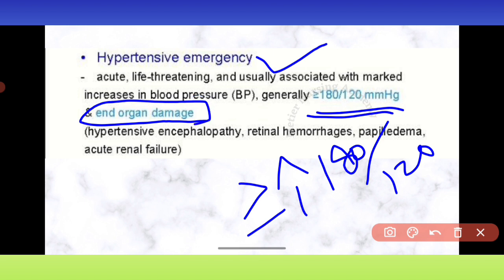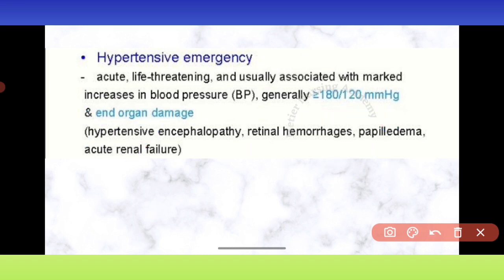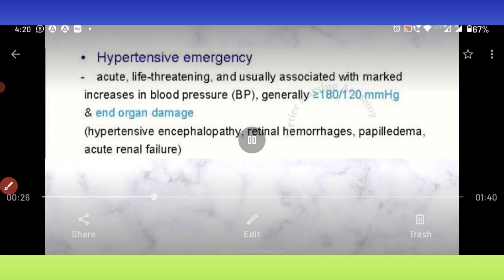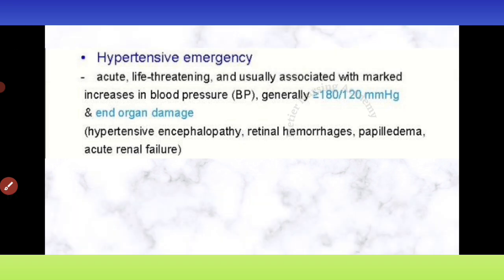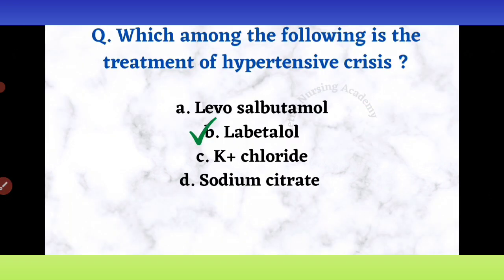So this condition is called hypertensive crisis. Organ failure in the sense the person will go for what? Hypertensive encephalopathy, retinal hemorrhage, papilledema, acute renal failure. Fine guys. So what is the right answer here? The right answer here is option B, that is labetalol.